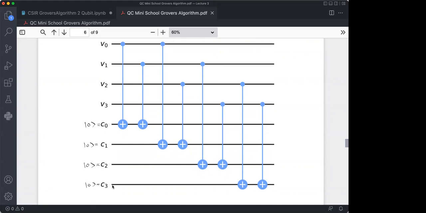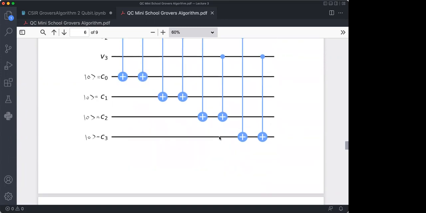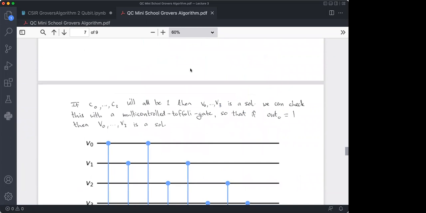This is going to be called our checking circuit, and it's going to check if a given binary string of zeros and ones, V0 to V3, satisfies the conditions to solve our Sudoku problem. Of course, we can simplify this.